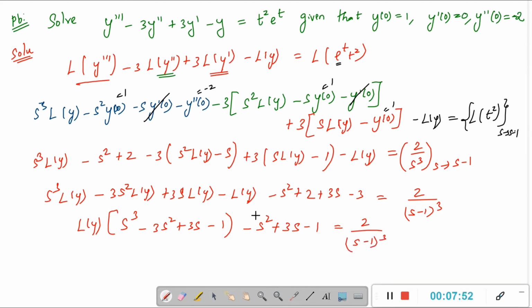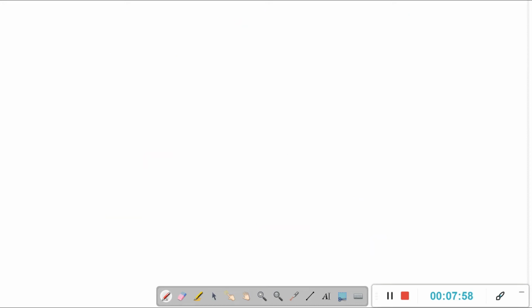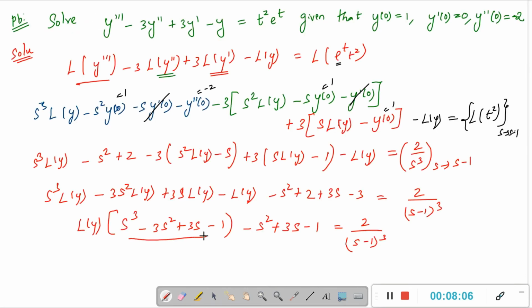Now I am going to shift this term to the right hand side, which is equal to L of y into, you can rewrite this term as s minus 1 whole power 3. This term is the expansion of s minus 1 whole power 3.